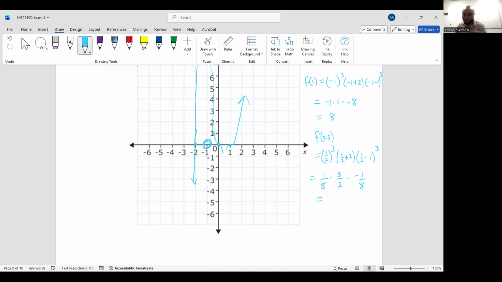So we have -5 divided by 128. So 5 divided by 128 will be very, very small, not up to 1, and it is negative anyway.